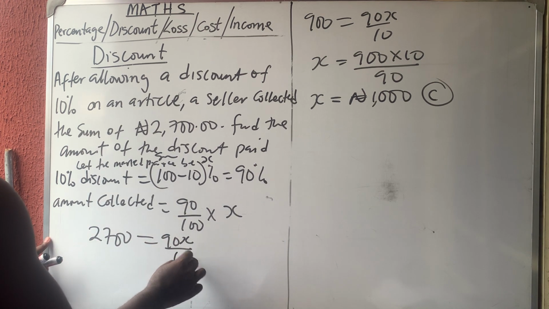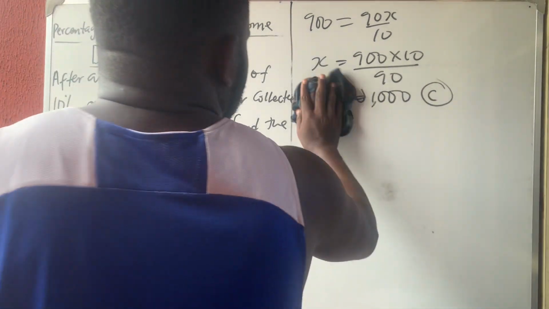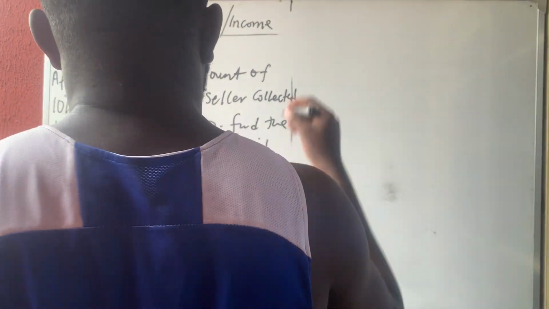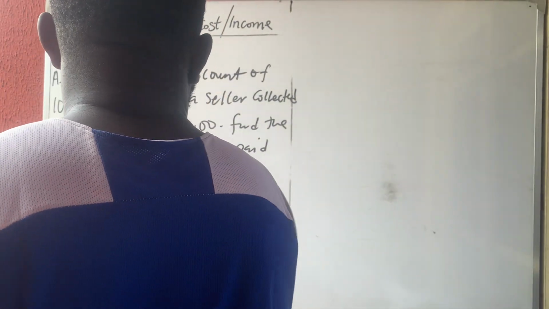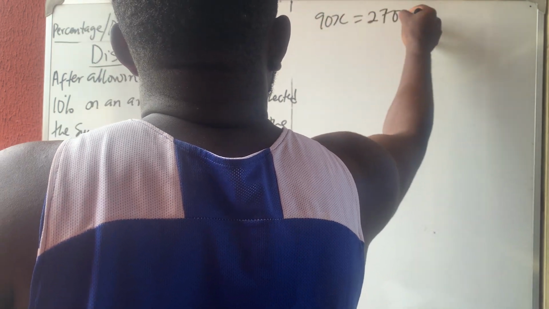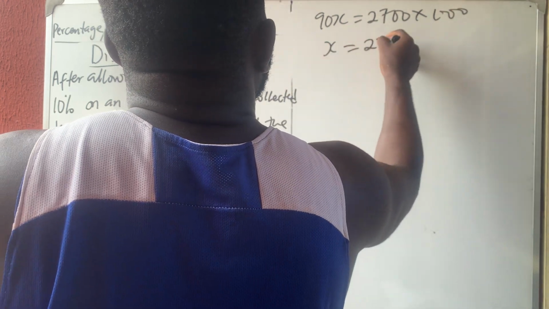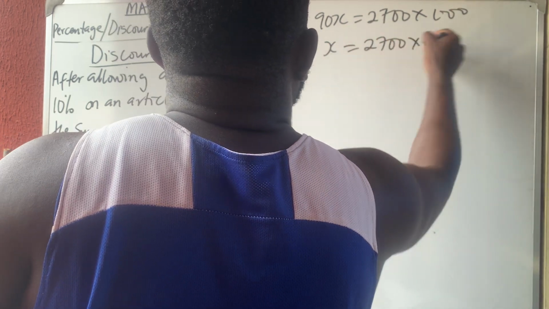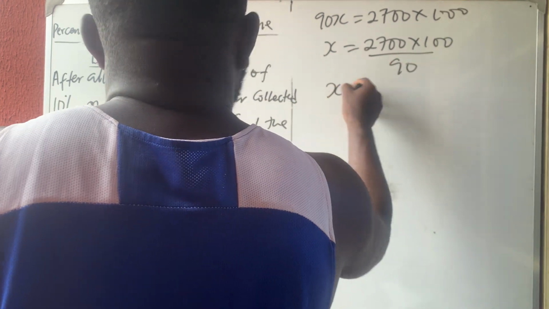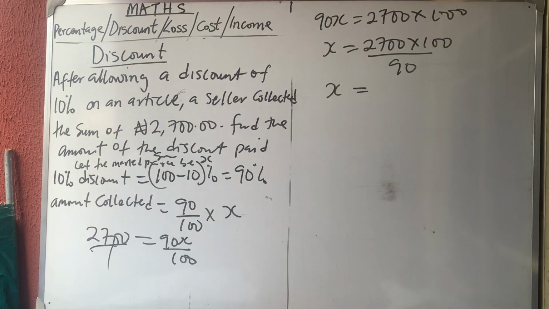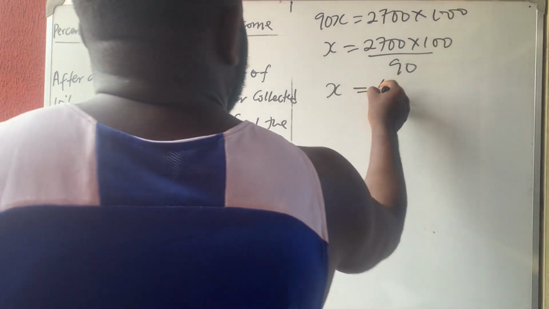90x over 100. So if we do the same thing here, we cross multiply. We have that 90x is equal to 2,700 times 100. So x will now be 2,700 times 100 divided by 90. So my x is 3,000 naira.